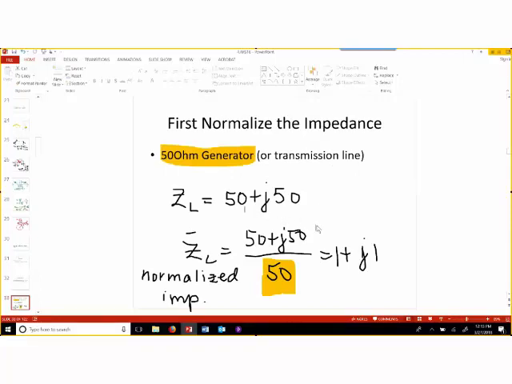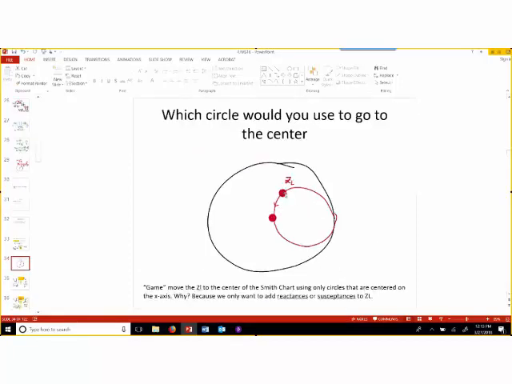Well, first, we normalize the impedance because we want to see where it is on the Smith chart. So 50 plus j50 divided by 50 is 1 plus j1. Now we're going to observe how this looks on the Smith chart, how it looks in terms of the circuit, and what we're actually doing.